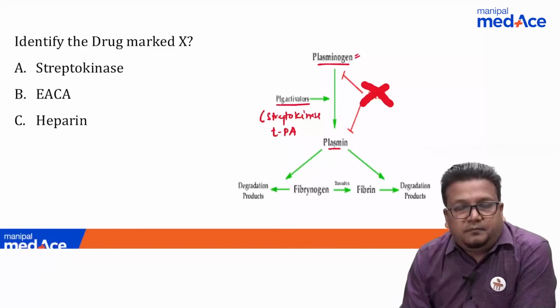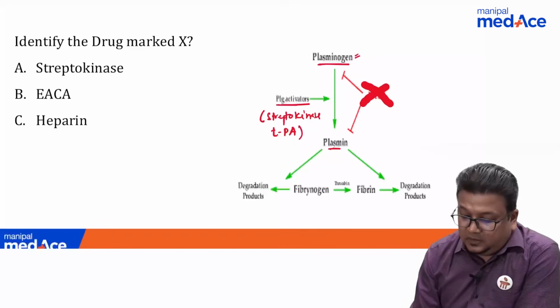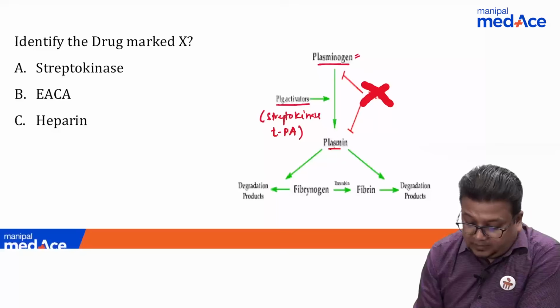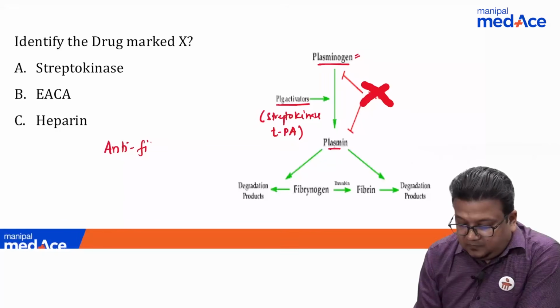So they are called fibrinolytic agents. These drugs are fibrinolytic. So which drug is going to inhibit this? That will be an antifibrinolytic. So we are going to find any antifibrinolytic drugs from the given options.